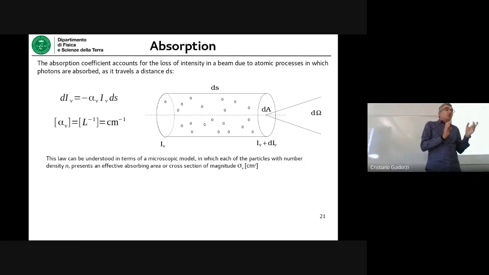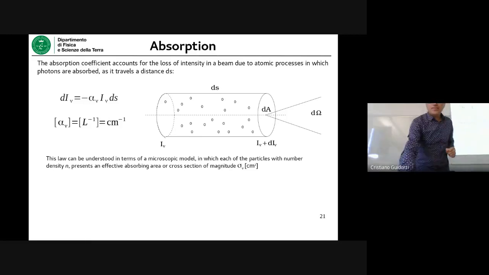Not only that, but you also have to characterize the capability of an individual atom to absorb radiation. You can express it with the so-called cross-section, which you know already. The higher the cross-section, the higher the ability of a single atom to absorb radiation.